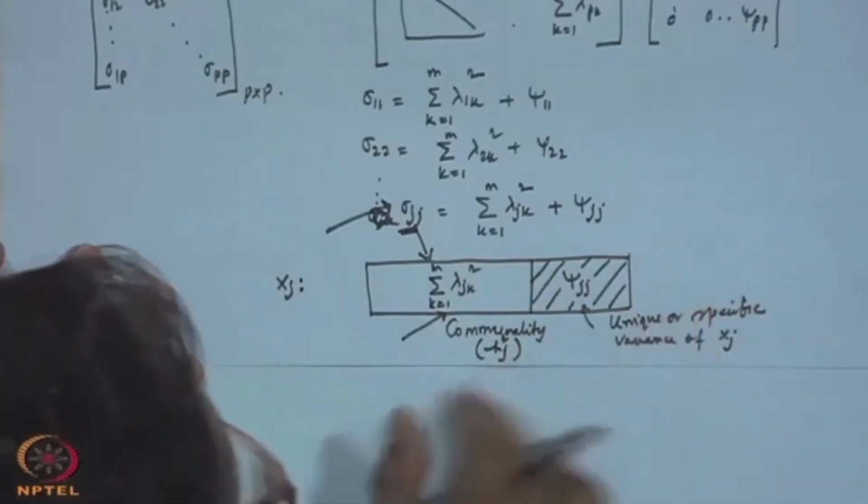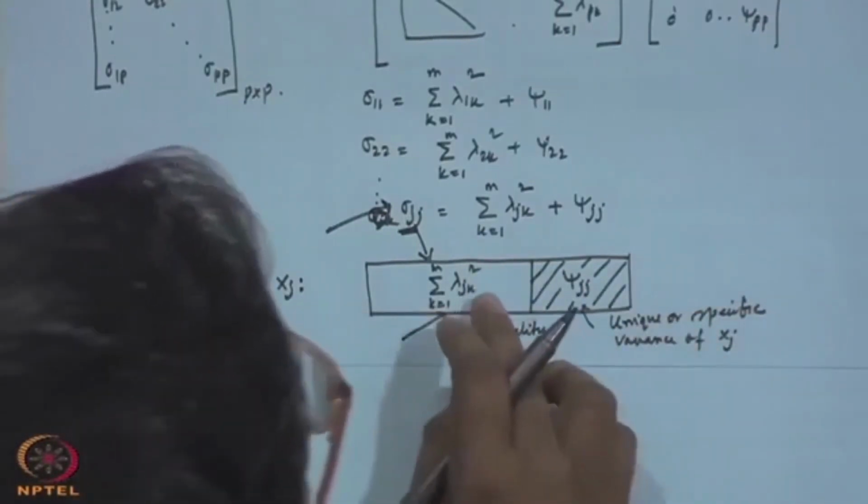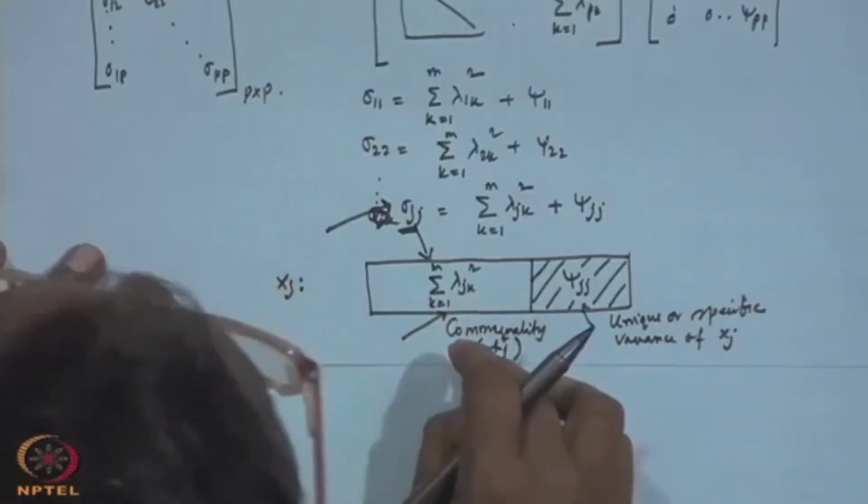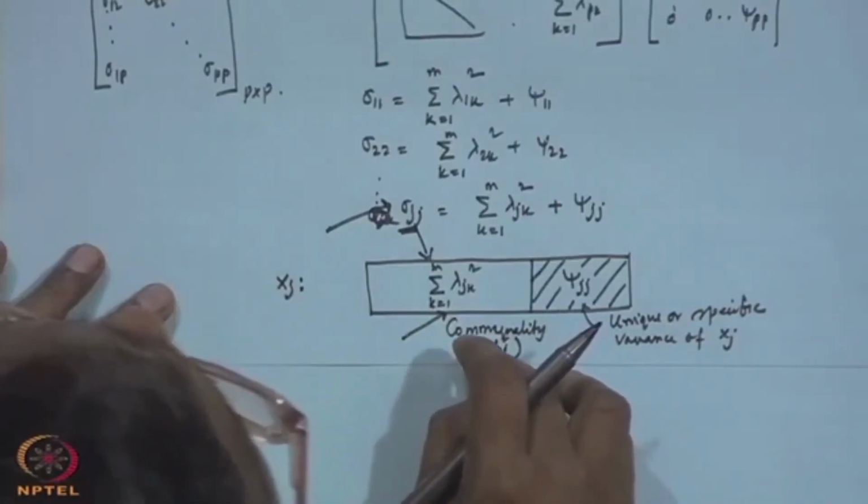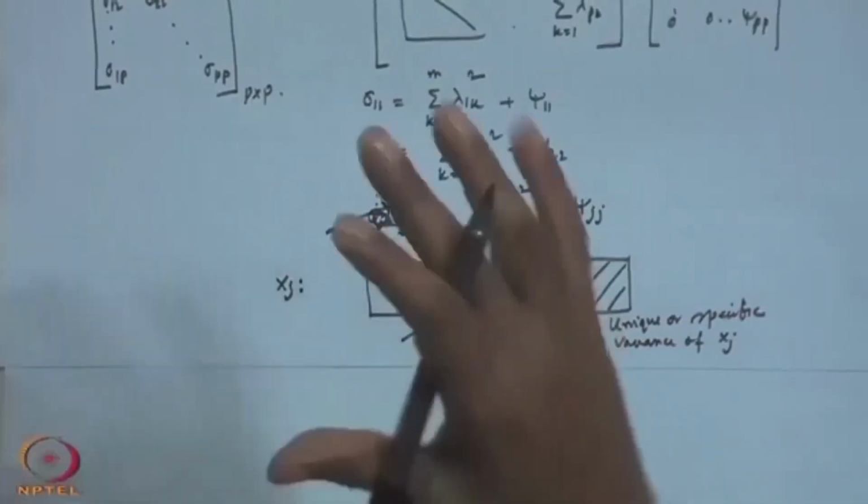Correct. So what do you want then? You definitely want to maximize the communality. The first part represents the common factors contributing towards explaining the observed variable's variability. So what is the contribution of the first factor? Lambda j1 square.